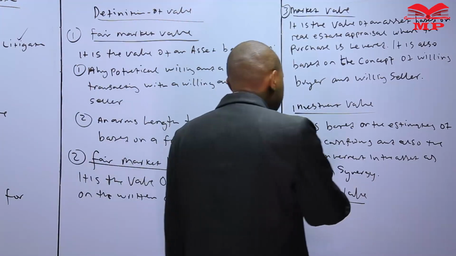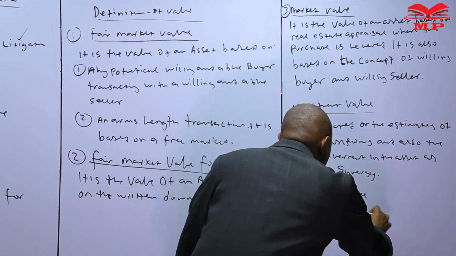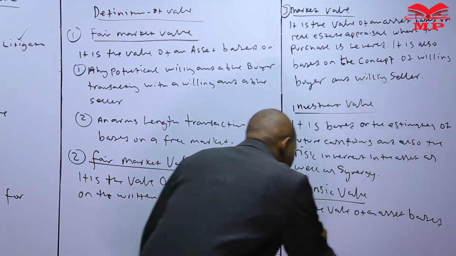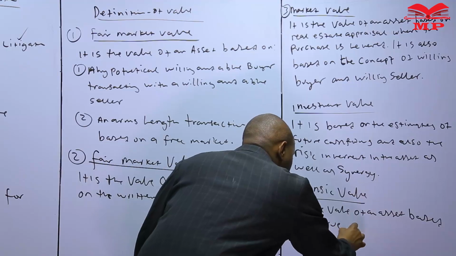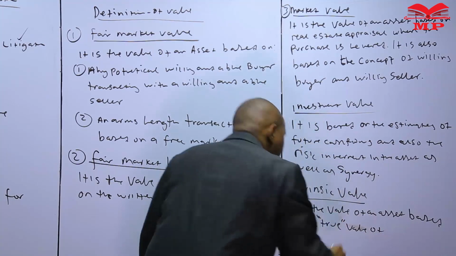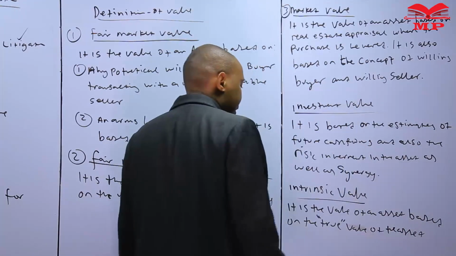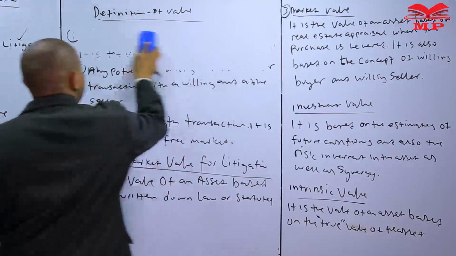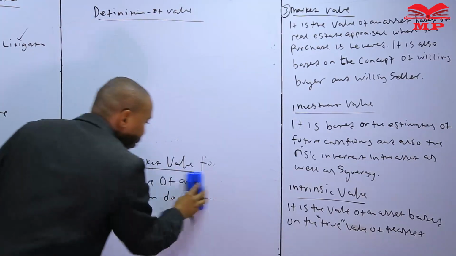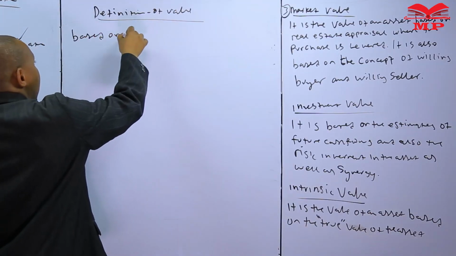So we can put it down and say that the intrinsic value is the value of an asset based on the "true" value of the asset, based on mispricings.